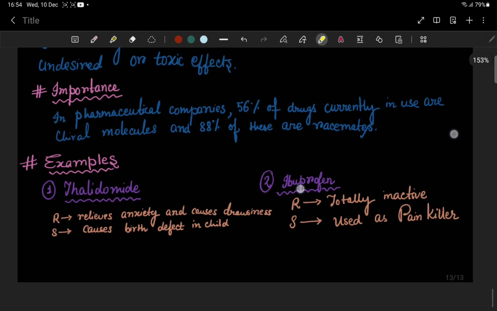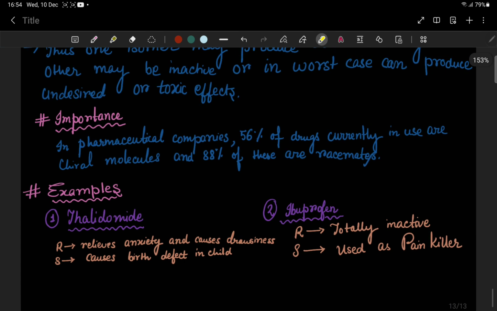So why is it important to know about chiral drugs? Basically, in pharmaceutical companies, 56% of the drugs currently in use are chiral molecules. And 88% of those, see the numbers, are racemic in nature. So these are the reasons why we need to study chiral drugs.